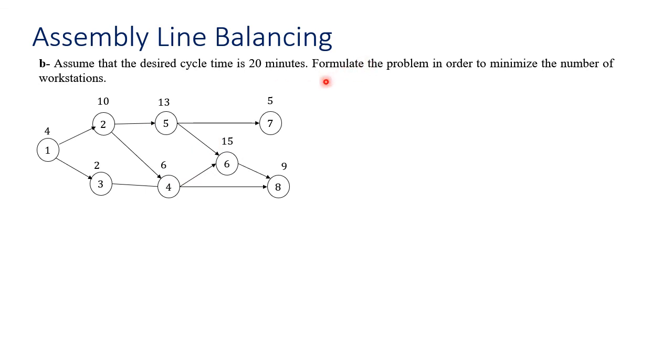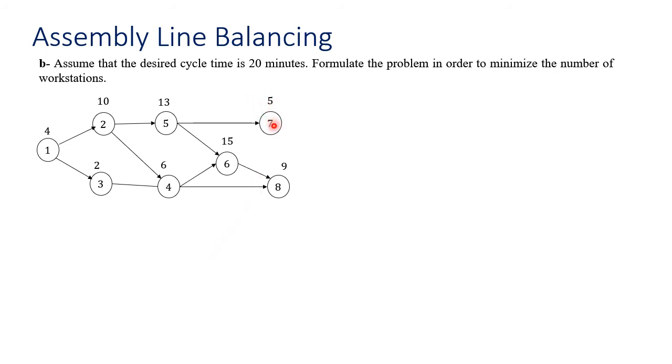And the objective is to determine how many workstations we should use in order to minimize the total number of workstations, because setting up new workstations is costly. We want to minimize the cost of establishing these workstations actually. So when we minimize the number of workstations, that cost is automatically minimized.